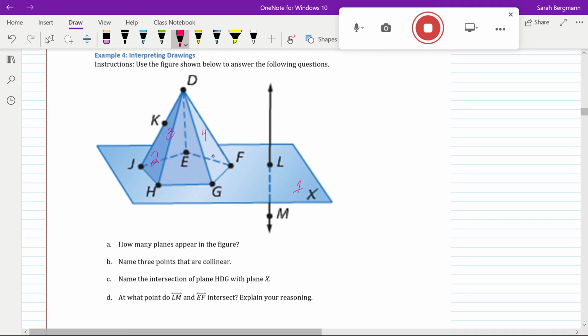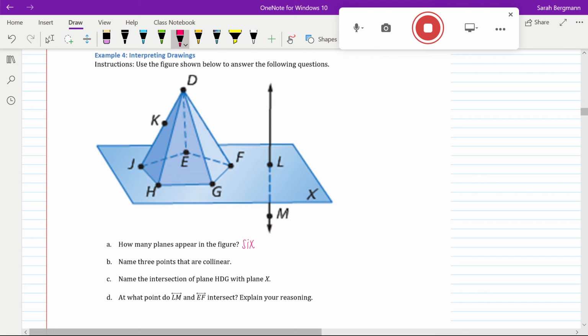Plane 4 is over here. Plane 5 is in the front. Plane 6 is in the very, very front. So there are 6 planes altogether. This three-dimensional shape alone has 5 planes. The bottom of the 3D shape is the same as plane X, so we don't count that twice.